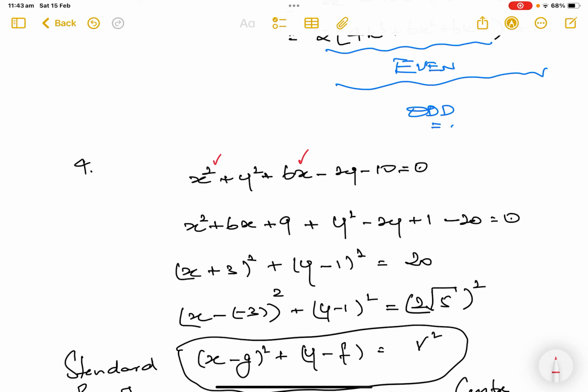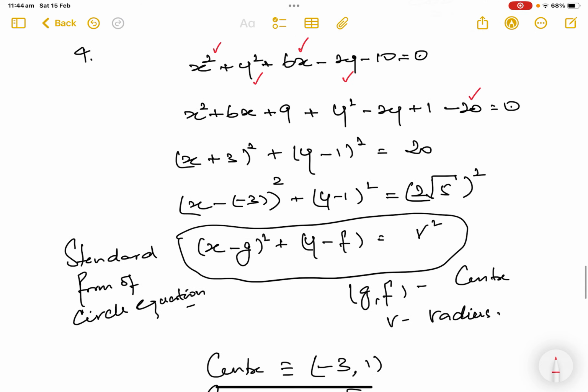Then for y squared minus 2y, I add 1. So we have added 9 and 1, 10 extra. We already have minus 10, so the 10 extra we have to take out. That will be minus 20.